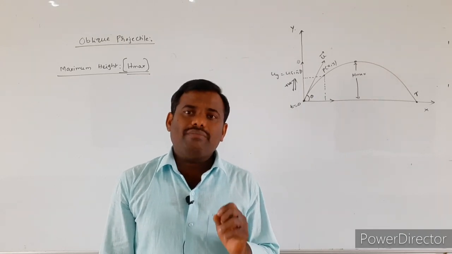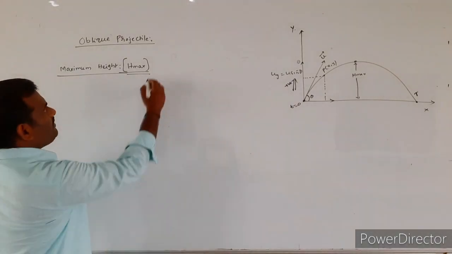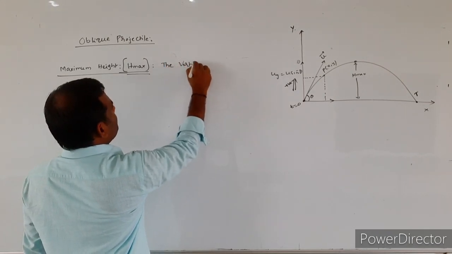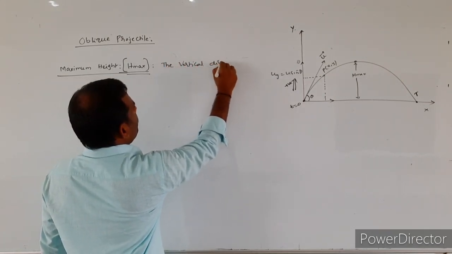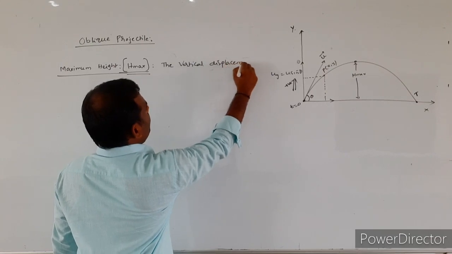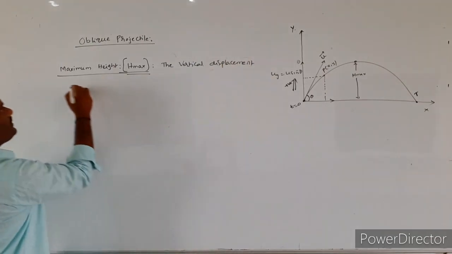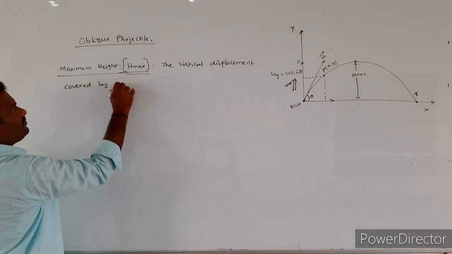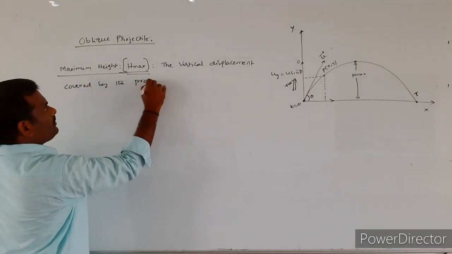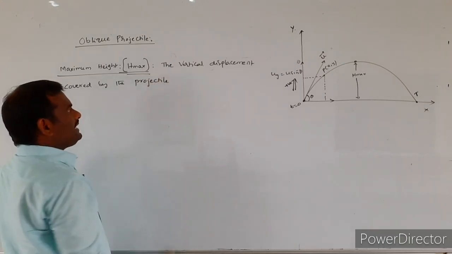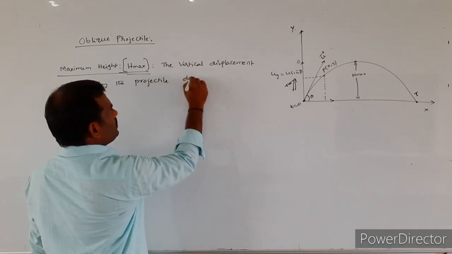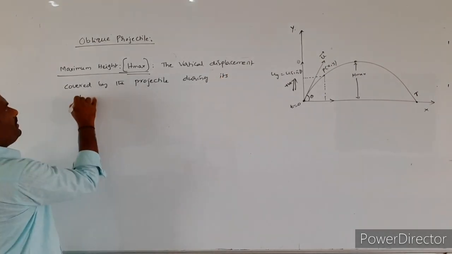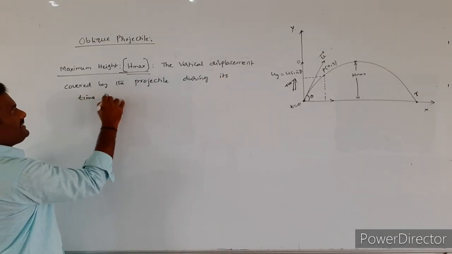So how can we define it? The vertical displacement covered by the projectile during its time of ascent.